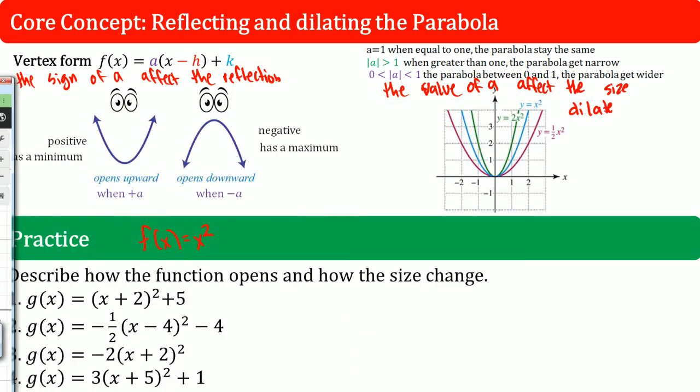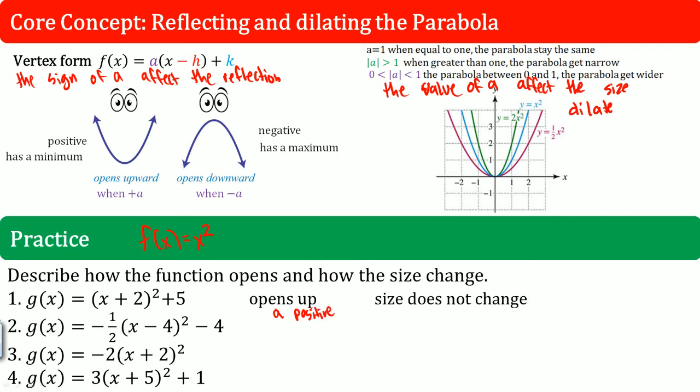So let's see. It does open up because the a here is positive, and the size does not change because a is equal to 1. Next, we see it's negative 1/2.